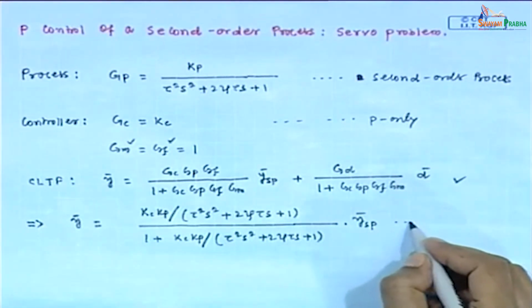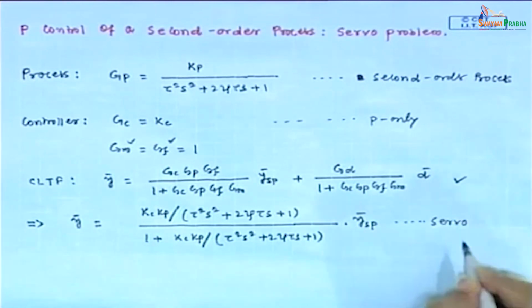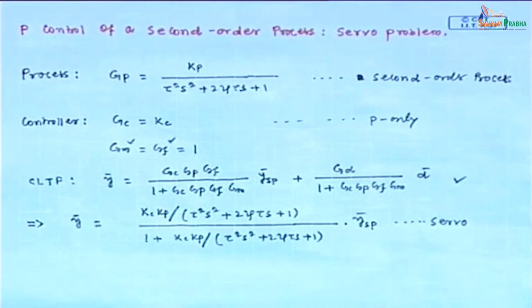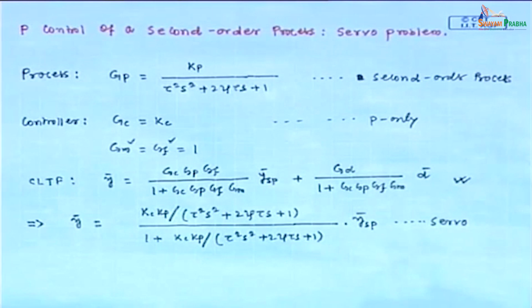This is the closed loop transfer function for the servo problem. Substituting all the individual transfer functions Gc, Gp, Gf, Gm in the generalized form, we obtain this form for the servo case.